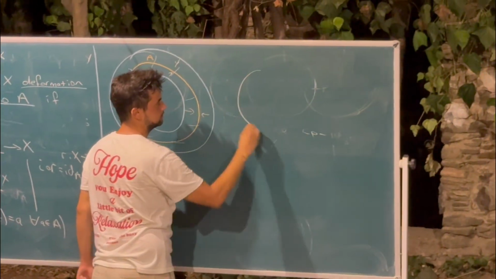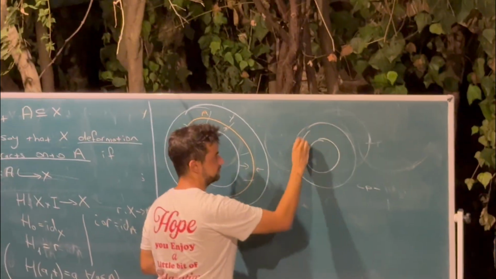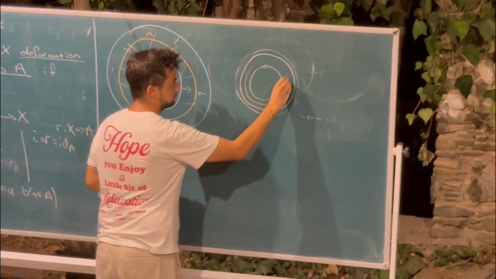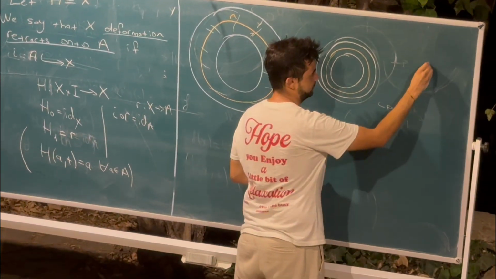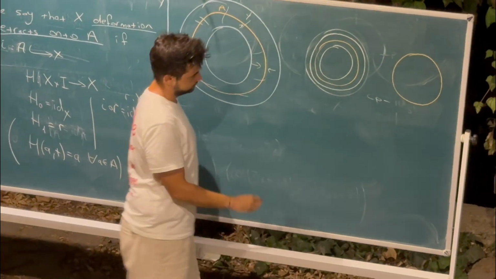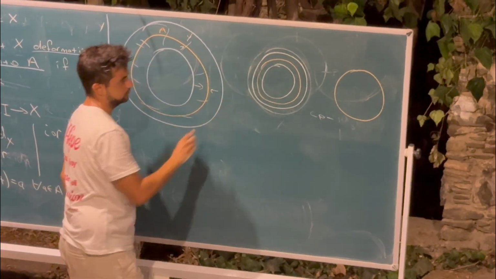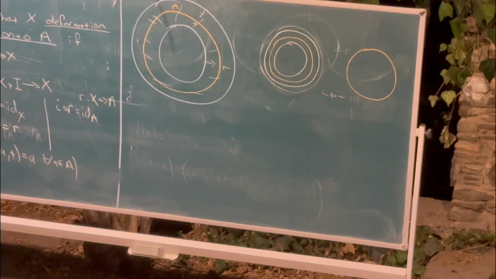In time, this is going to be thinner, and thinner, and eventually it will be just A. Any questions about this?